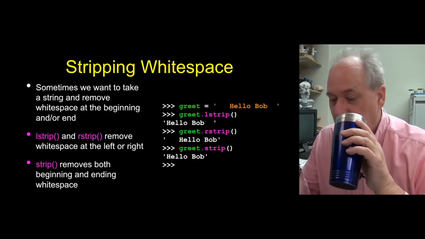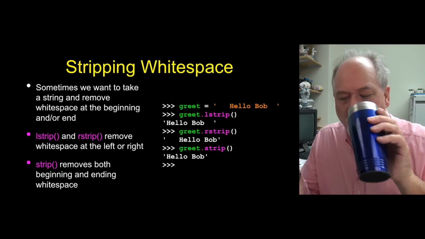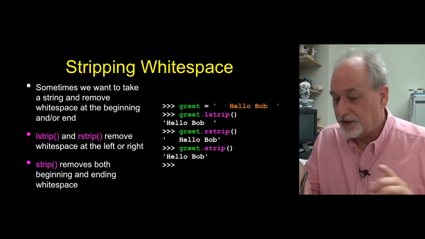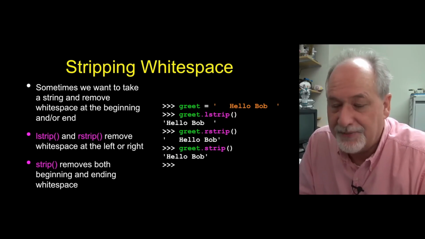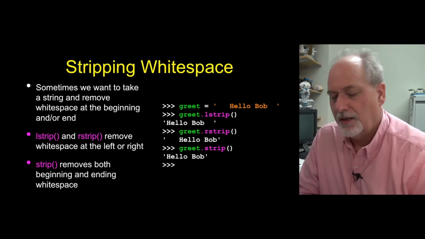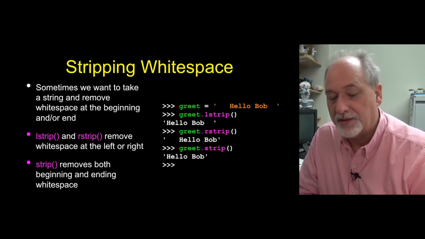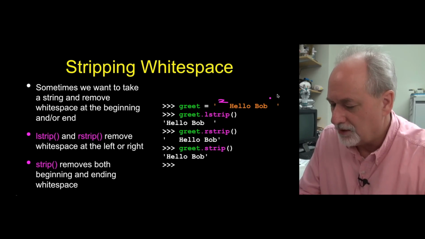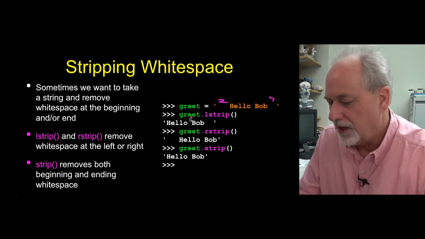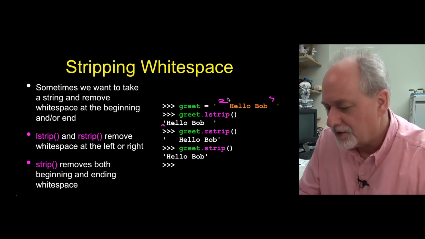White space, as we'll see, is a big deal. And white space is not just blanks, although that's the most common thing, but it's also non-printing characters like tabs and new lines and other kinds of things. And so we have a number of different ways to strip white space. Here we've got some spaces at the beginning and spaces at the end. And we do an L strip, and that throws away the spaces at the beginning. That's the left, so that's a left strip.